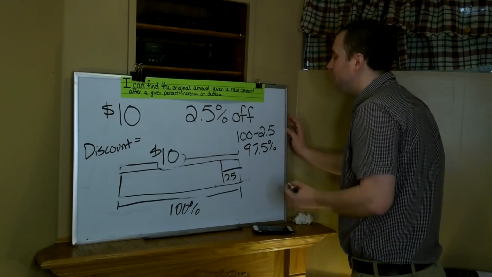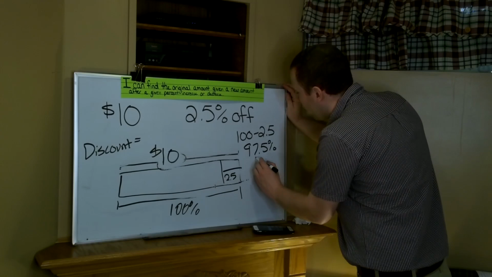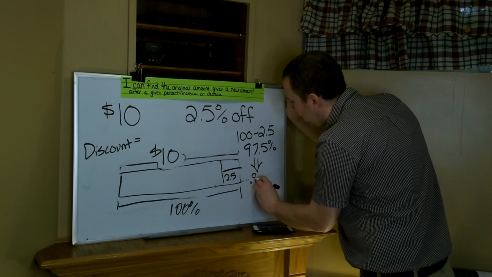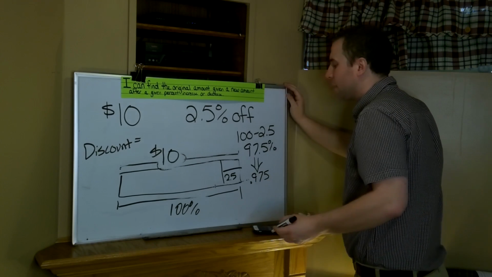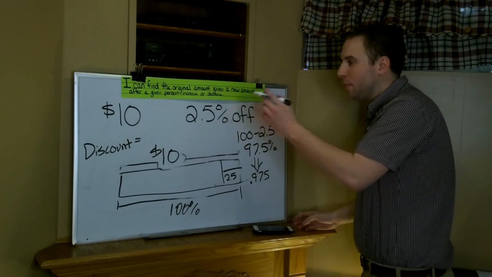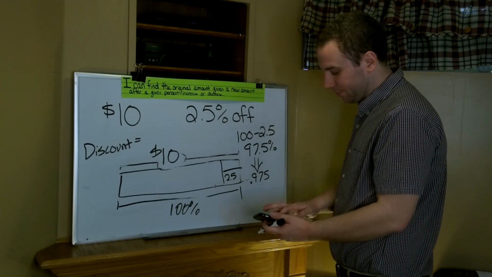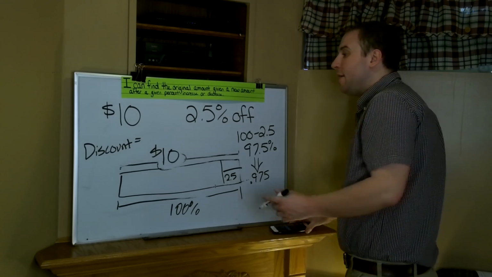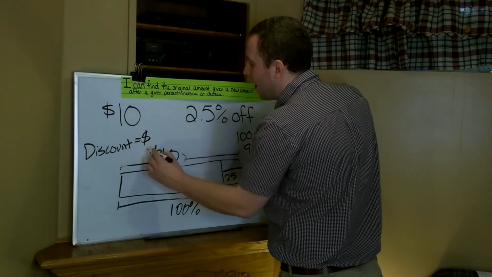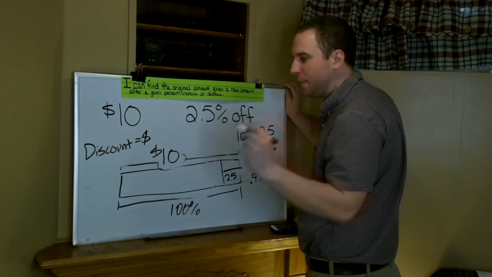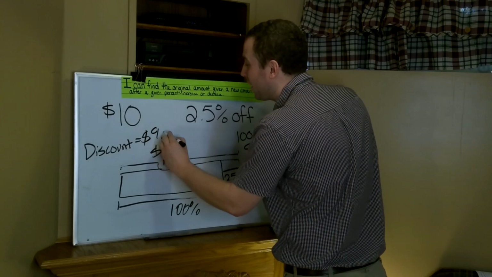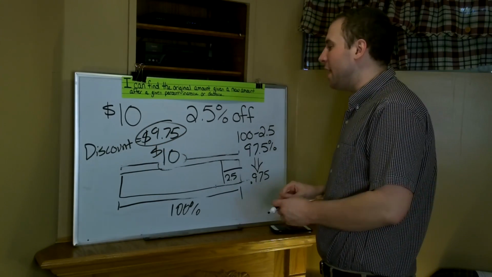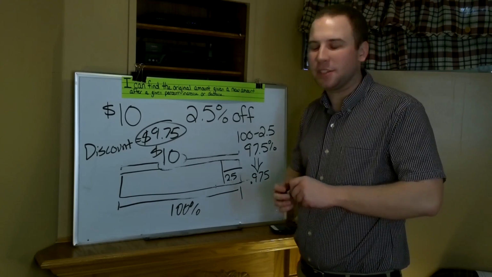And 97.5%, if I convert that into a decimal, gives me 0.975. I then multiply that by $10, and my new discount price would be $9.75, because it would knock a quarter off, but a quarter sometimes is a very large value, depending on when you're buying groceries for yourself. $9.75 would be your discount price for those apples.